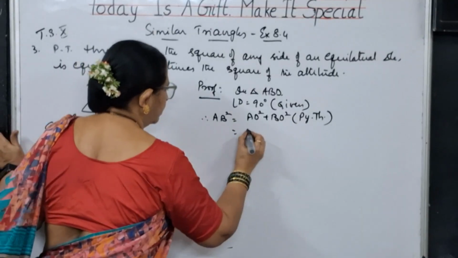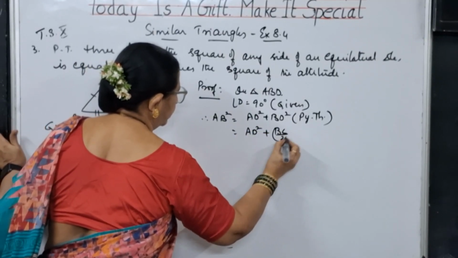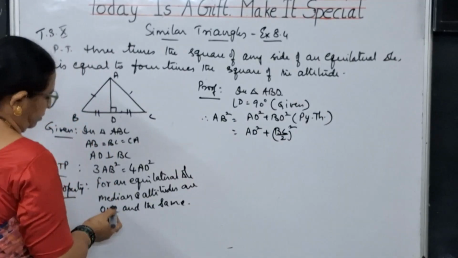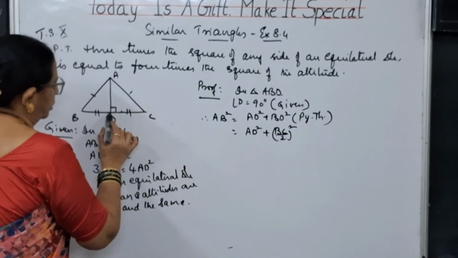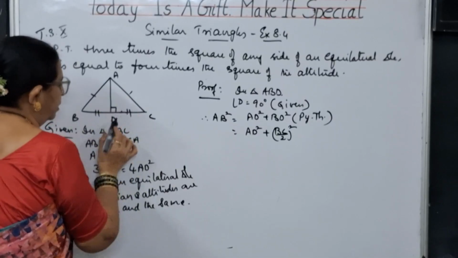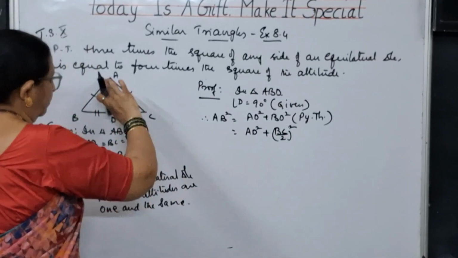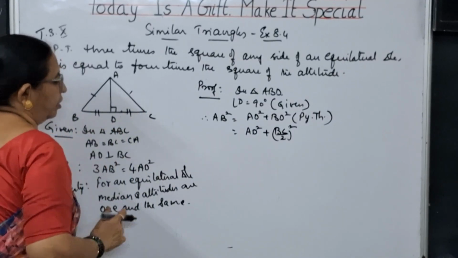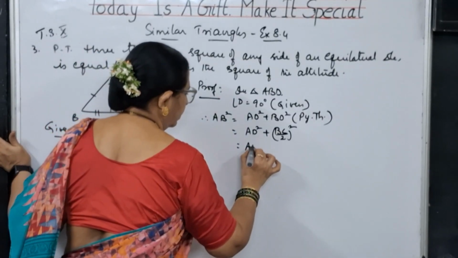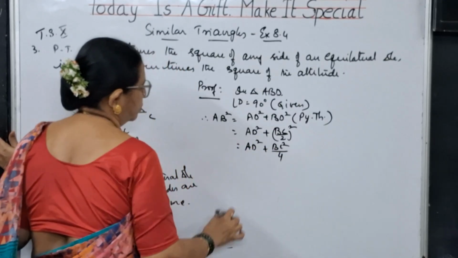That means this is AD square plus BC by 2 whole square. Because I said here, median and altitudes are one and the same. So AD is not only the altitude, AD becomes the median also. When AD becomes the median, it divides BC into 2 equal halves. So it is AD square plus BC square by 4.